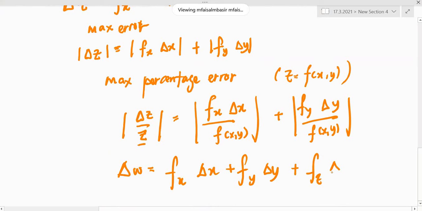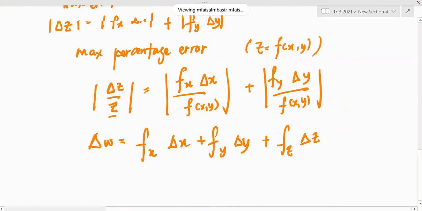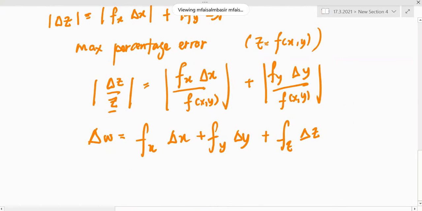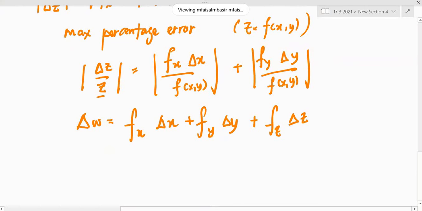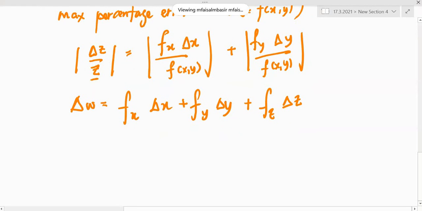So this is increment, and then maximum error. Right? Maximum error will be, just put the modular sign, fx.